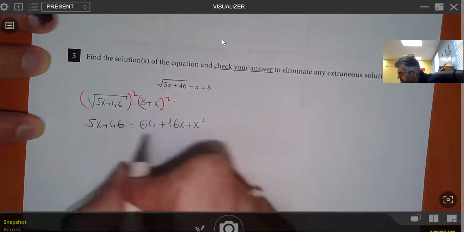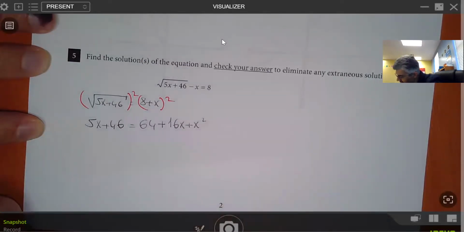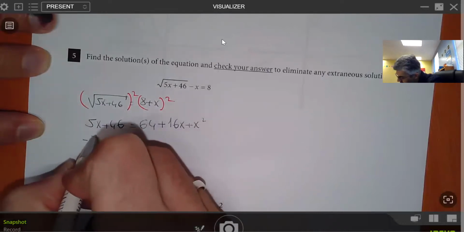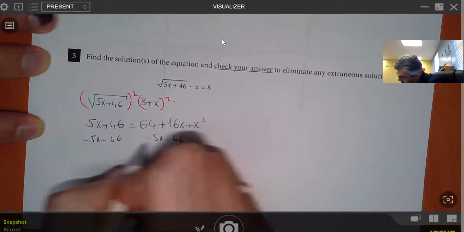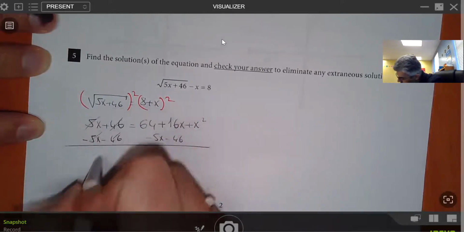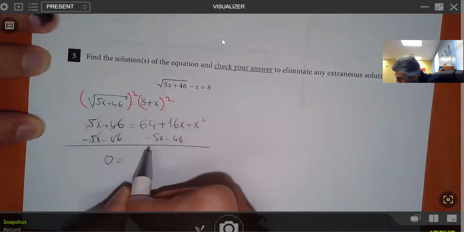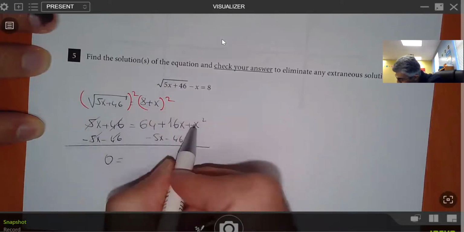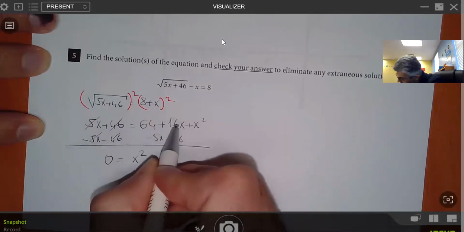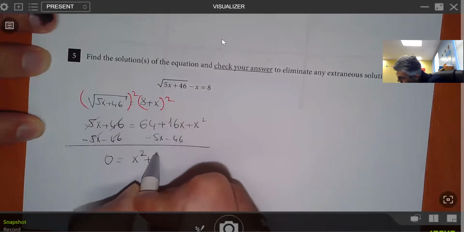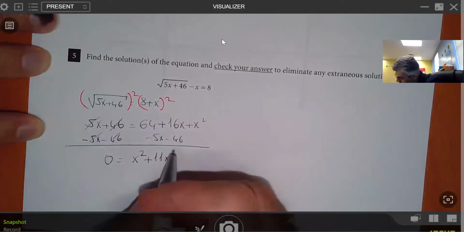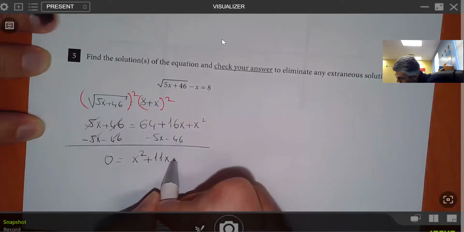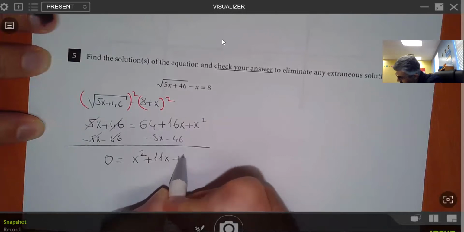Okay, so I collect all the terms on the right side in this case, and I will solve the quadratic equation. I subtract 5x and 46 from both sides. 0 equals x squared here. 16x minus 5x is plus 11x. 64 minus 46 is 18, right? Yeah, it is plus 18.